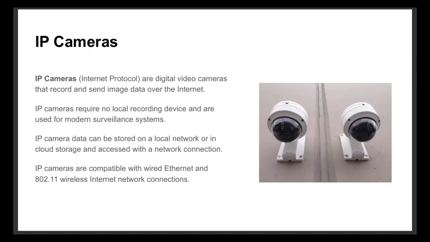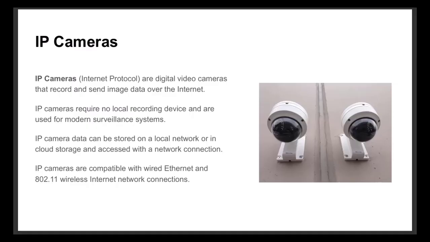With IP cameras, we can record data and store it both in a local network, which will be a storage device that is accessible on our network, as well as remote cloud storage that can be accessed by remote users over a working network internet connection. IP cameras are a very key component in our modern surveillance systems.